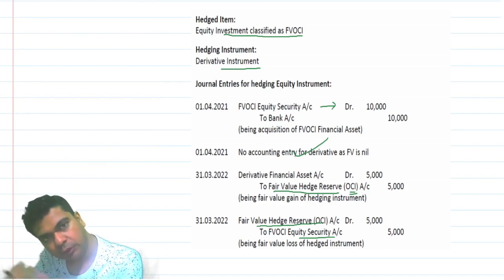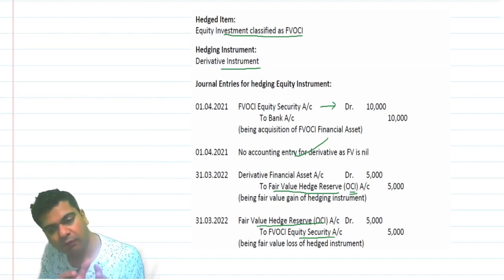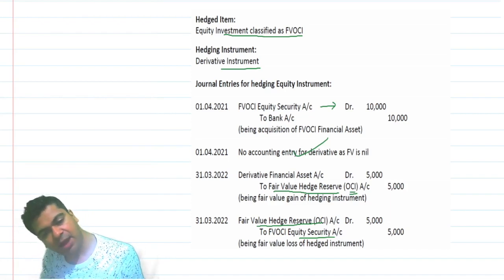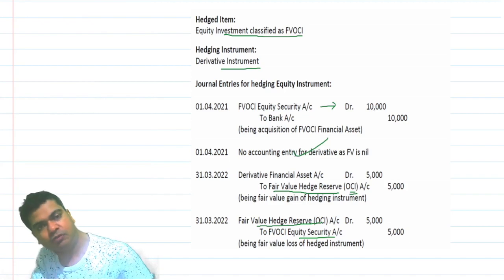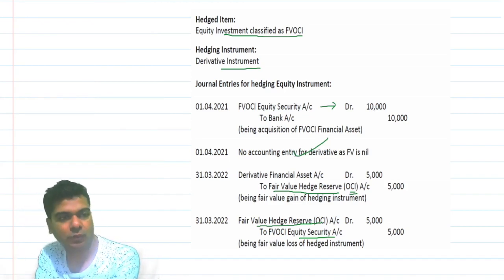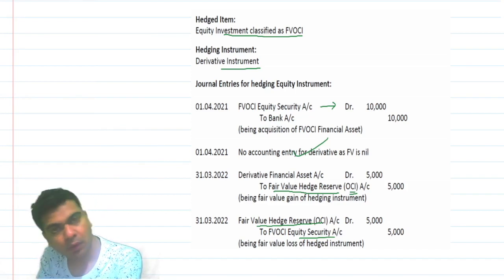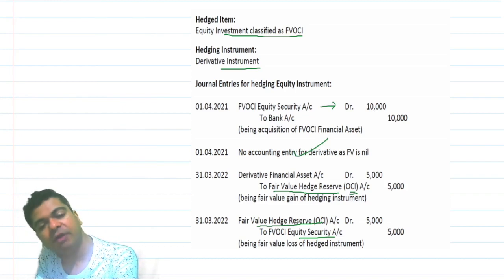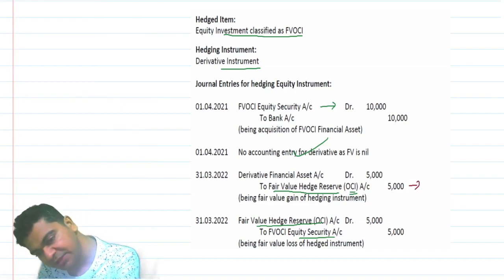You will prepare a separate reserve. We are calling it a fair value hedge reserve, which will become part of your other comprehensive income. If you had not followed the hedge accounting system, then whatever is this derivative financial asset, this 5,000, it will get credited to the profit and loss account.